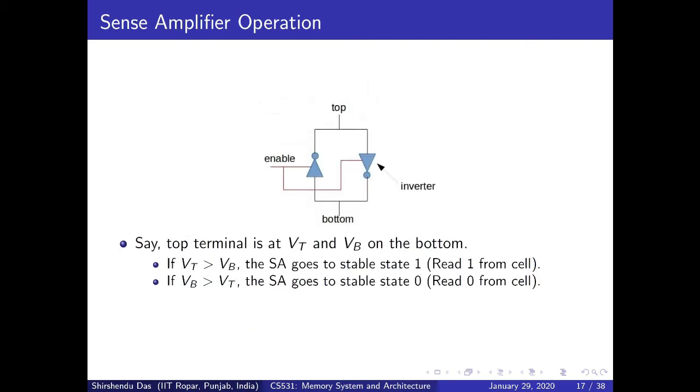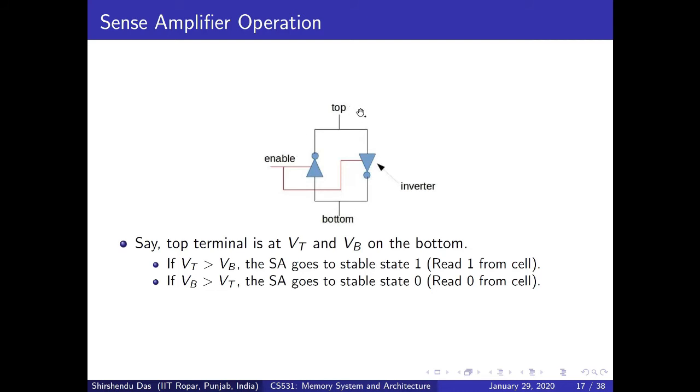Now the important property of the sense amplifier: suppose there are two voltages here. The top voltage is VT and the bottom voltage is VV. I'm not saying it is 0 or VDD; suppose it's any voltage. If VT is greater than VV, that means if the top voltage is higher than the bottom voltage, then automatically it will shift to state 1.